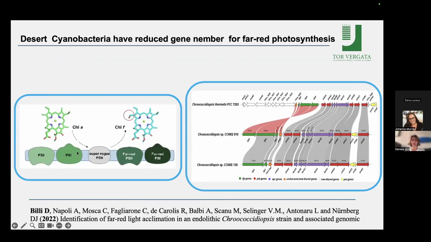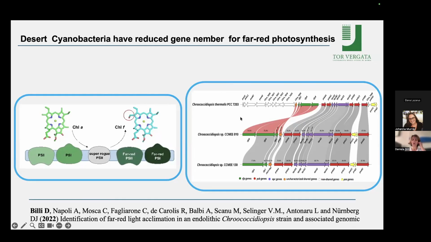Of course, to do this, you need an enzyme that transforms chlorophyll A into chlorophyll F. You also need to remodel the photosynthetic apparatus. So Chroococcidiopsis, these two strains have a cluster of genes that codify for paralogs of proteins, and also for the antenna apparatus, that are able to use the infrared light.